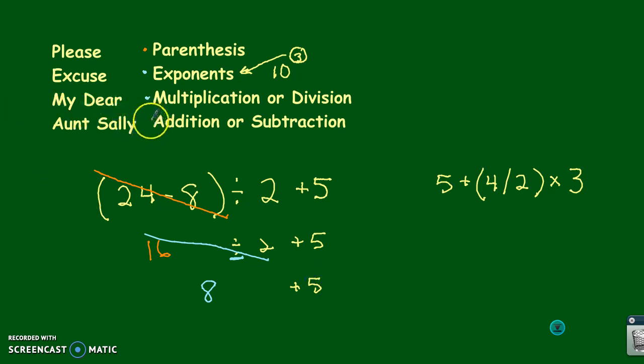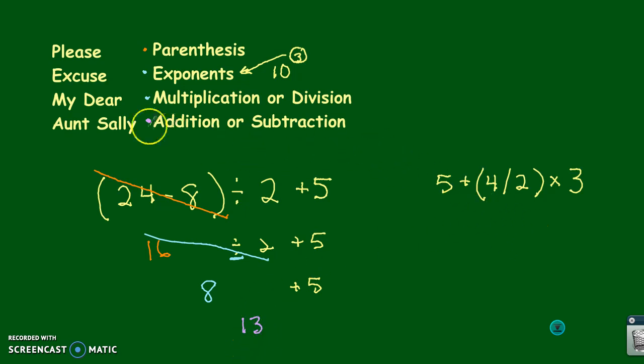And I come to the last step here, which is addition or subtraction. So again, left to right, there's only one problem left. So 8 plus 5 is 13. So following through this whole process, we get an answer of 13.